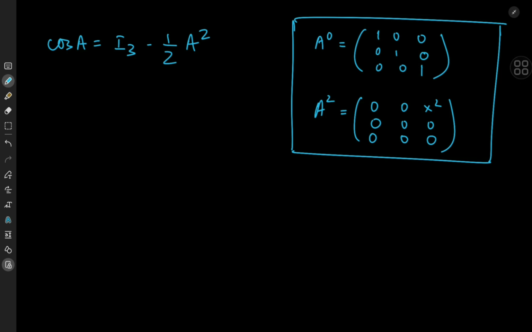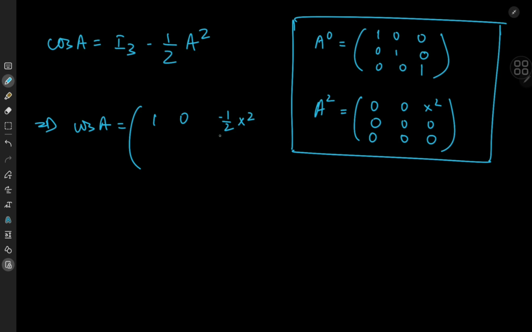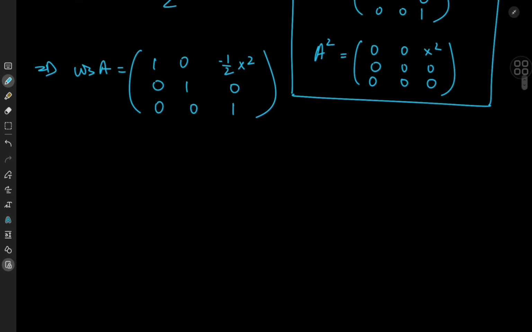Okay, so we're pretty much good to go. And all that's left to do is just combine the results according to the equation we have for the cosine of the given matrix. And this means that the cosine of A equals 1, 0, -1/2 x squared, 0, 1, 0, 0, 0, 1. And this matrix was being multiplied by e to the negative x squared.